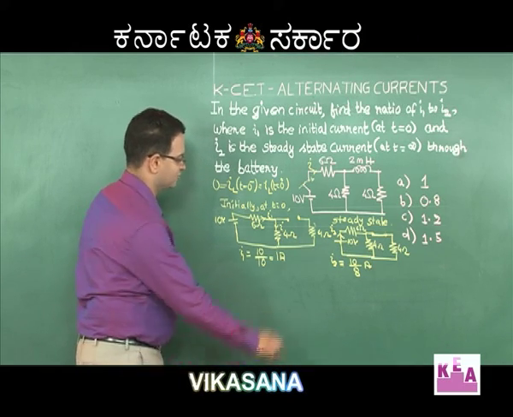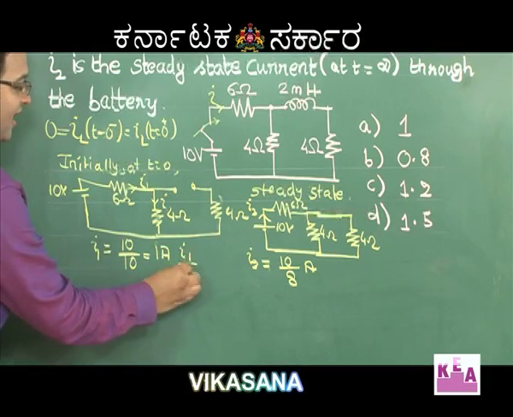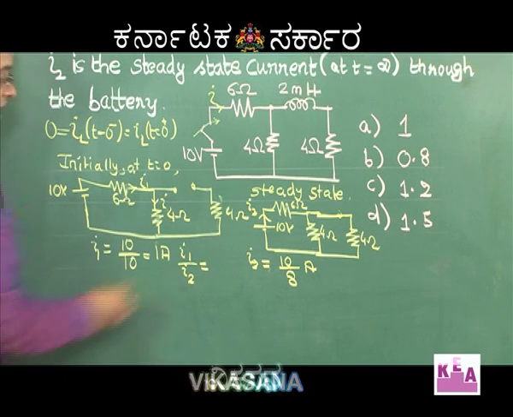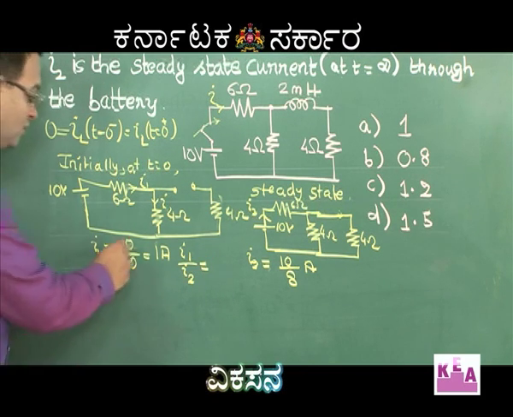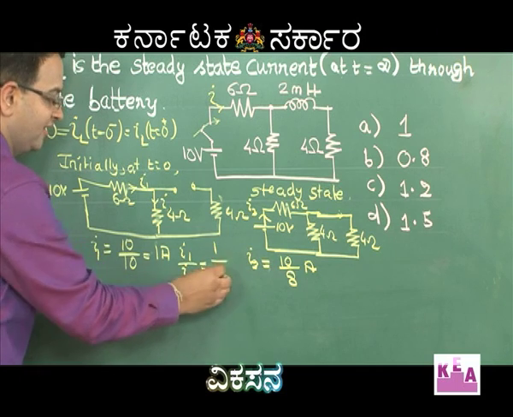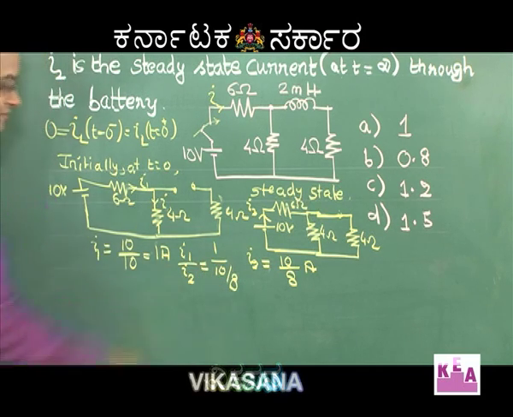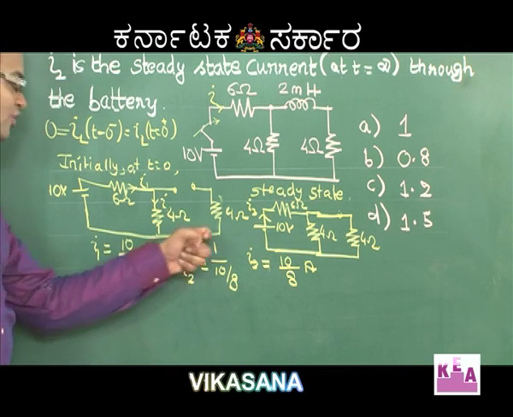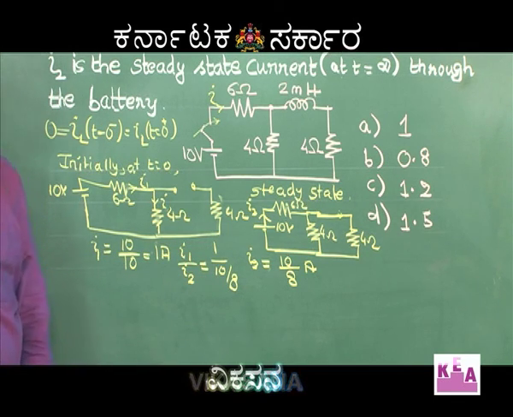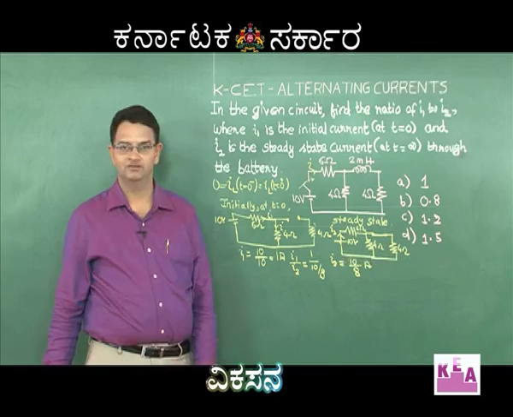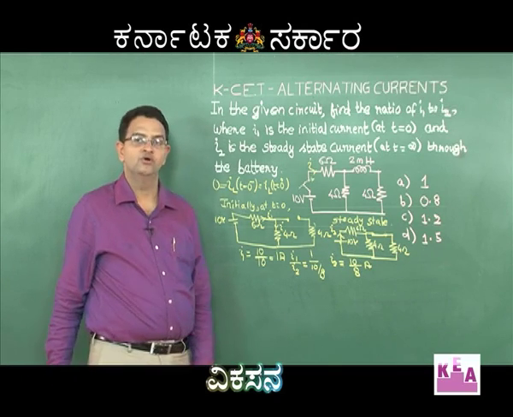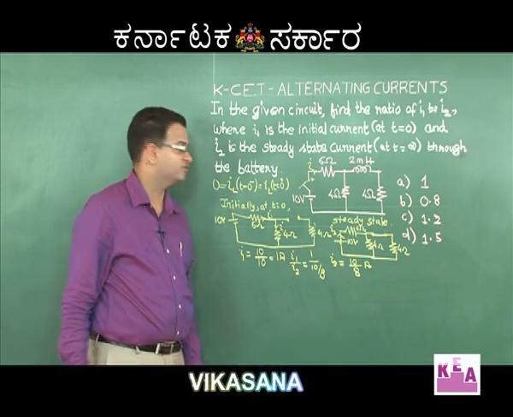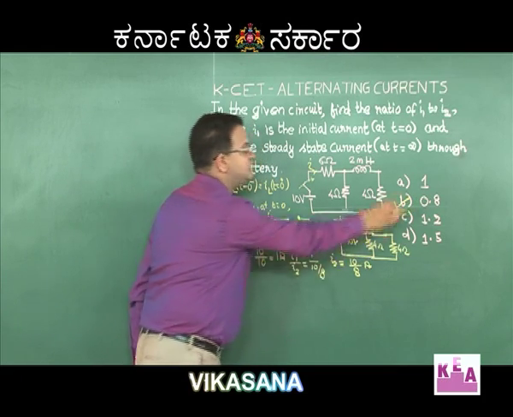So last step of this particular problem, we need to find I1 by I2. I1 by I2 is equal to 1 ampere divided by 10 divided by 8. So this 8 in the denominator of the denominator comes to the numerator. 8 by 10 is 0.8. Therefore, the required ratio for us in this problem is 0.8, which is the second option.